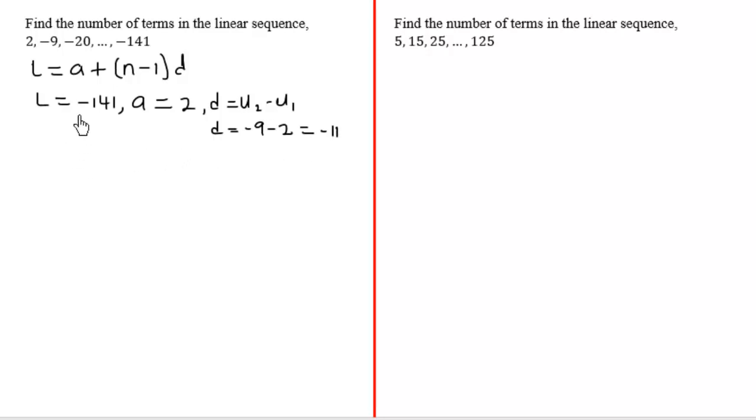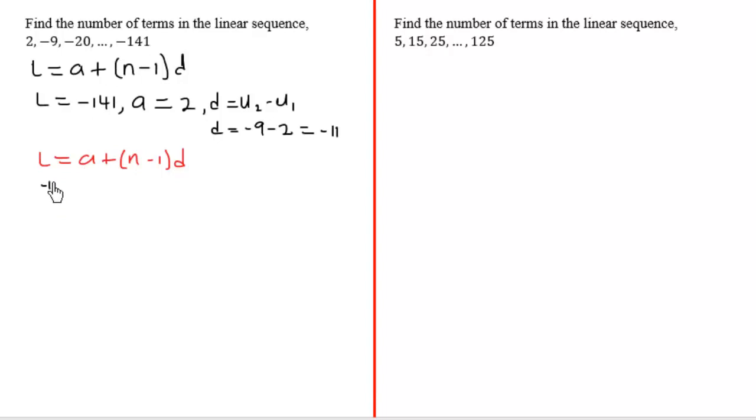Now we want to find the number of terms, that is n. So let me quote the formula again: L equals A plus n minus 1 times D. The L here represents the last term, and the last term in the sequence is -141, and that is written here.